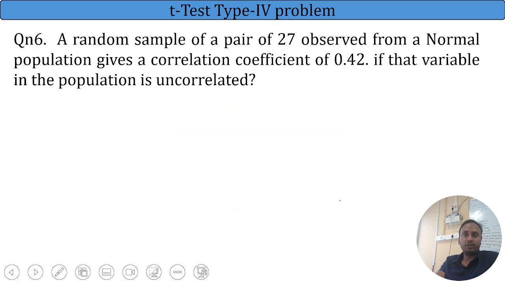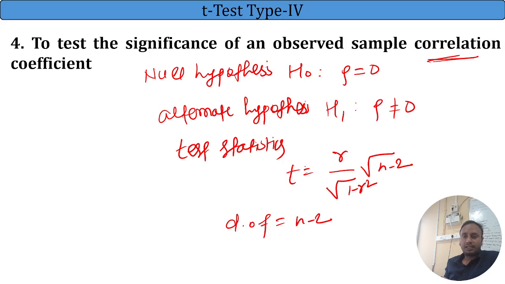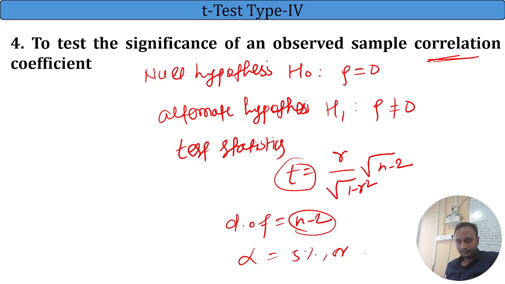We have the degree of freedom n minus 2, t calculated, and at the given significance level we get the value from the t table, and then we compare it.